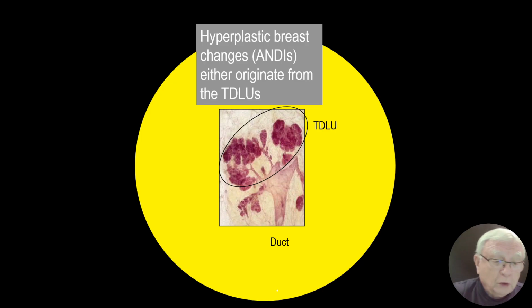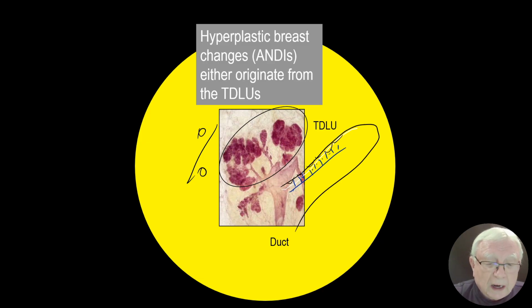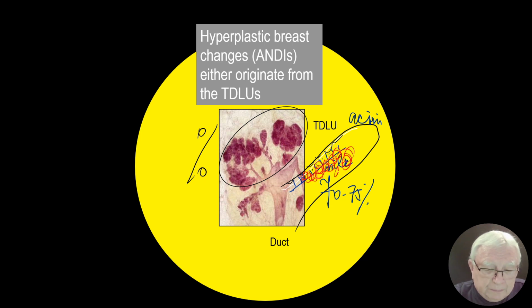And do you know what percentage of the breast cancers originate from the same? These cells one day produce the milk. 70 to 75% of all breast cancer originate from the acini when the luminal cells become cancer cells.